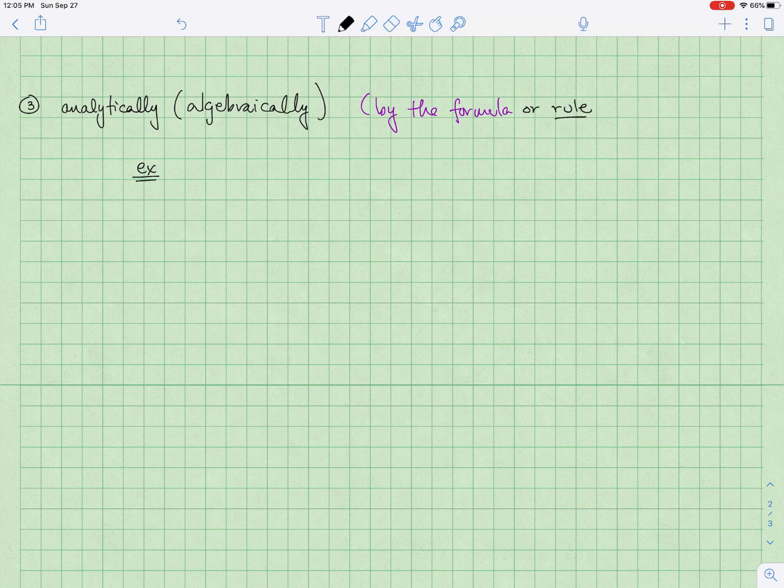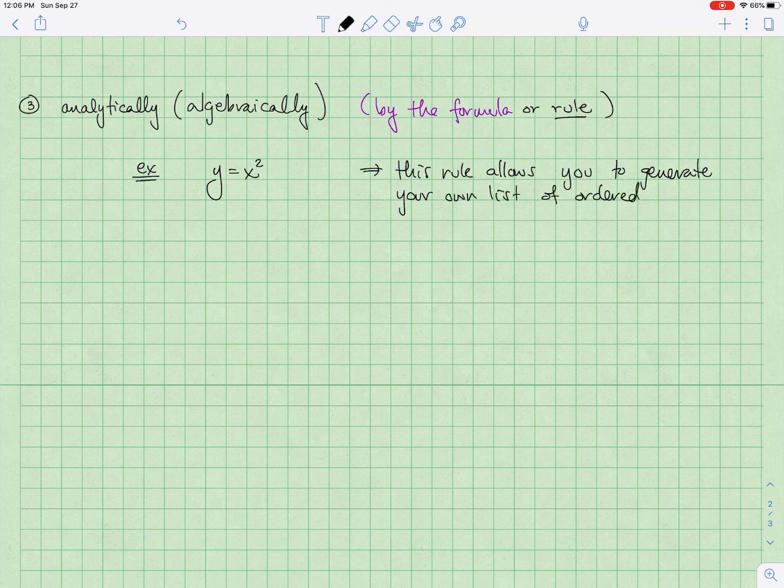or by the rule itself, like y equals x squared. That's a rule. It doesn't tell you what the x's and y's are, but it tells you the rule between the x's and y's. And what you can do is then, this rule allows you to generate your own list of ordered pairs.